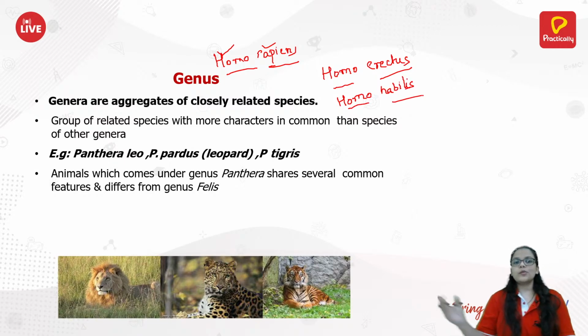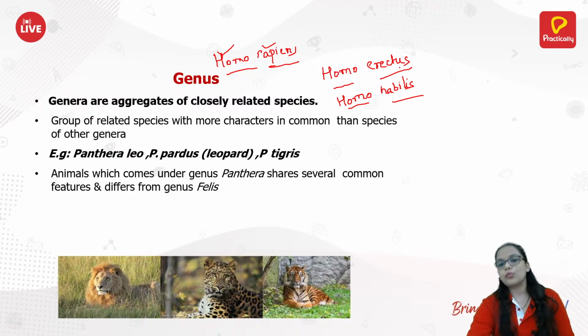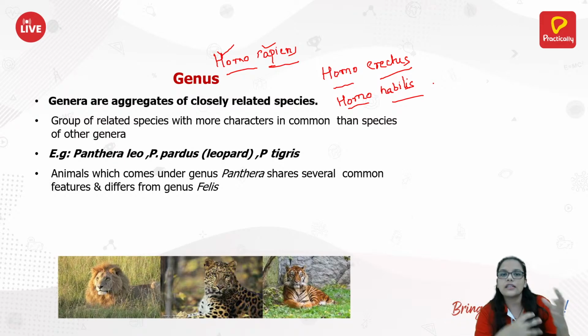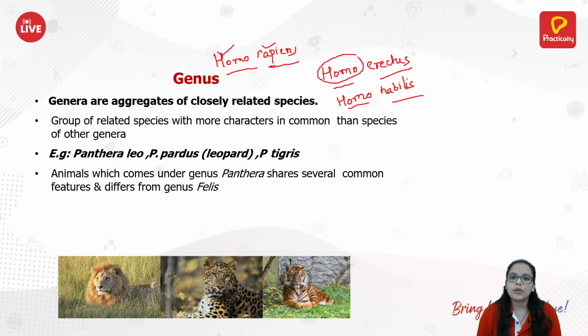Why? Because we evolved from Homo erectus, we evolved from Homo habilis. We now have different characteristics. There are commonalities, but basically we are a bit different also. So that is why the first name, the genus, is the same, the species is different. Erectus has evolved into sapiens.